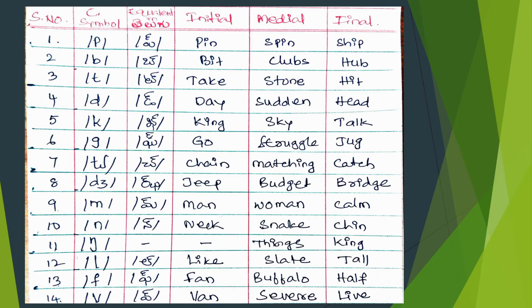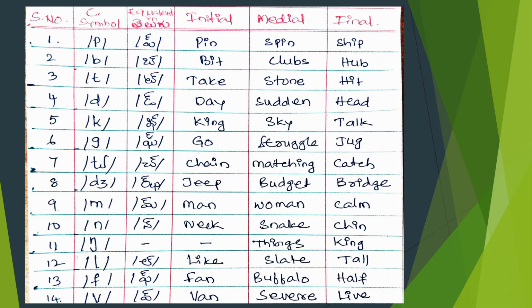You see, now the 13th one. Okay, it is shown with this letter in Telugu, and this sound happens initially, medially and finally. Initially it happens in the words such as fan, famous, fabulous, friend, like this. So you go on writing at least 5 examples on the same line.